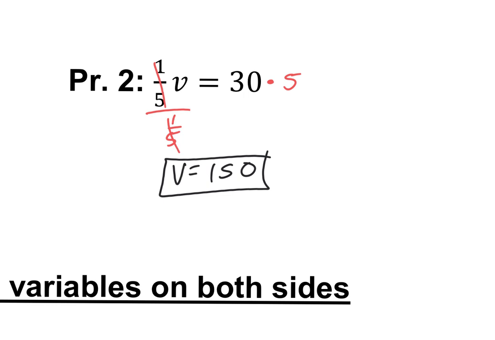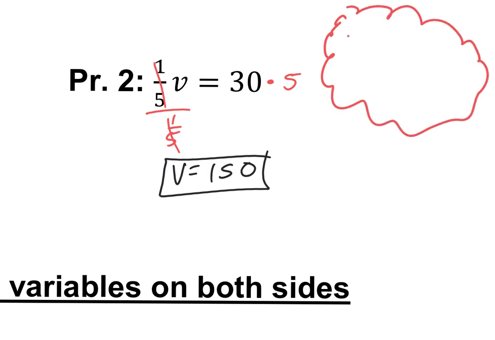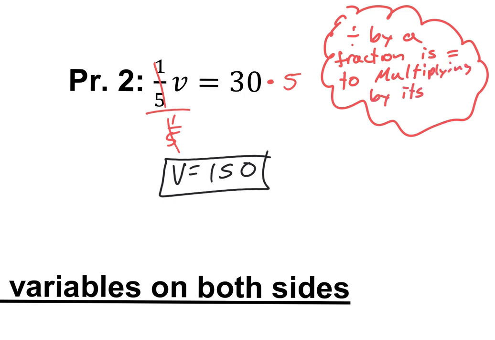However, something I want you to know, maybe you want to write this as a little rule here. Dividing by a fraction is equal to multiplying by its reciprocal.